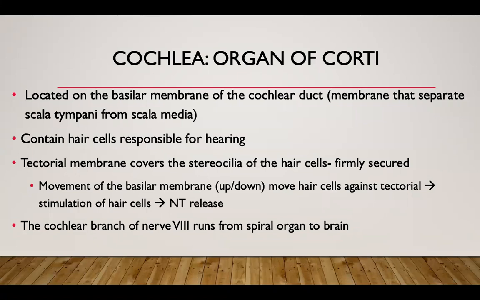When we're talking about the path of the sound, we start with your auricle, external acoustic meatus, passing that to the tympanic membrane, then the malleus, incus, and stapes. The stapes is connected to the oval window. The vibration gets passed down to the perilymph within the Scala Vestibuli of the bony labyrinth.